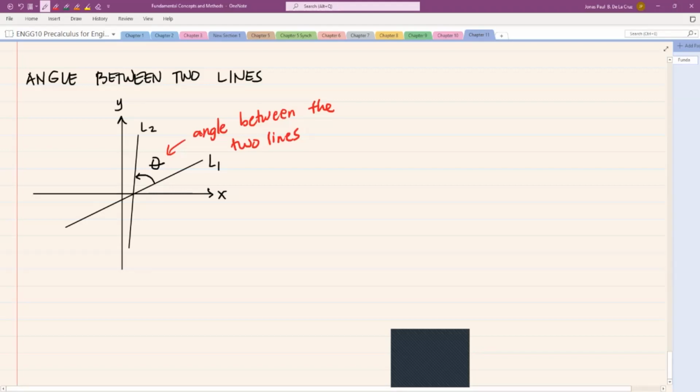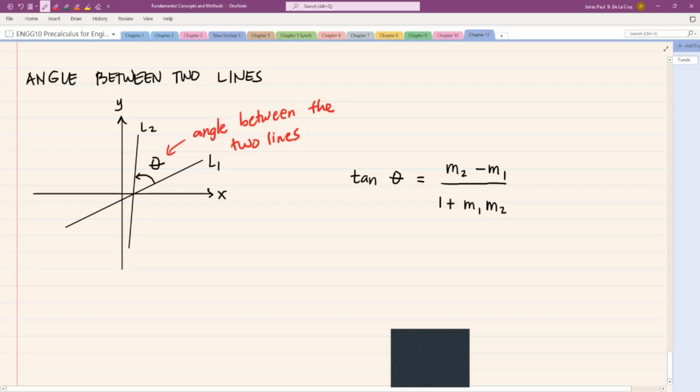Using the different concepts na napag-aralan natin, we will come up with an equation that the tangent of the angle theta is equal to M2 minus M1 all over 1 plus M1 M2.